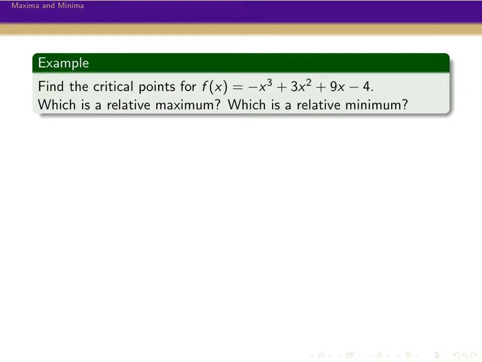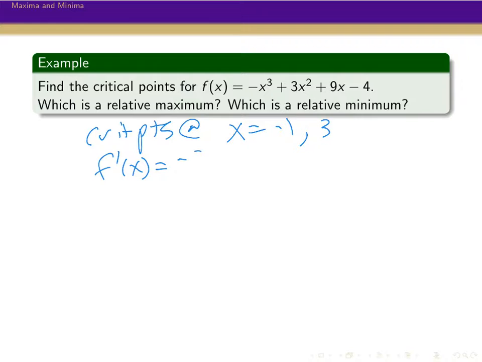So let's go back to this function. So we've had critical points at x equals minus 1 and 3. Our f prime of x was minus 3x squared plus 6x plus 9, which could be factored as minus 3 times x plus 1 times x minus 3.